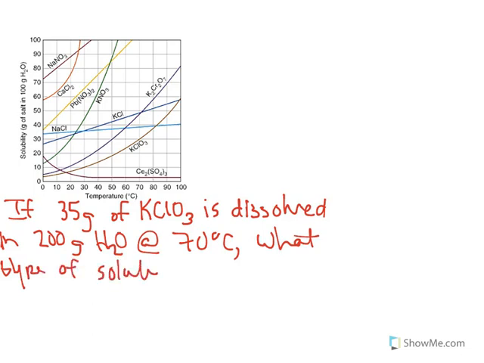Now, if you're not paying attention, it would be very easy to call this a supersaturated solution. But if you do that, you're going to get it wrong. Because if all you look at is the 35 grams and the 70 degrees, well, 35 grams would be here, 70 degrees would be here, so we're above the curve, right?